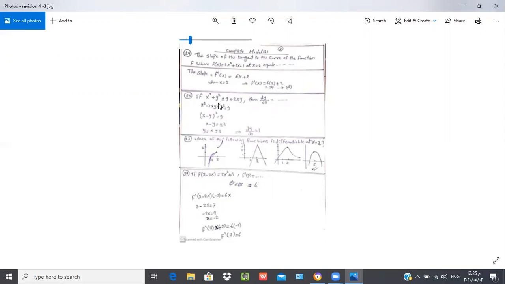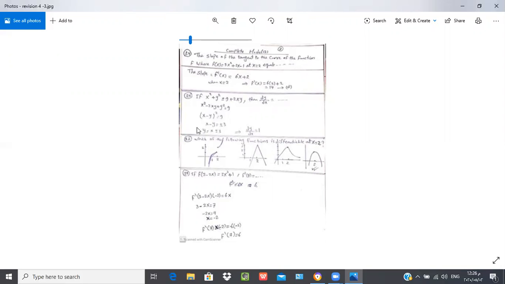Here it's a perfect square. So this part is x minus y squared. This part, x minus y squared, equals 9. So x minus y equals positive or negative 3. So y equals x positive or negative 3.